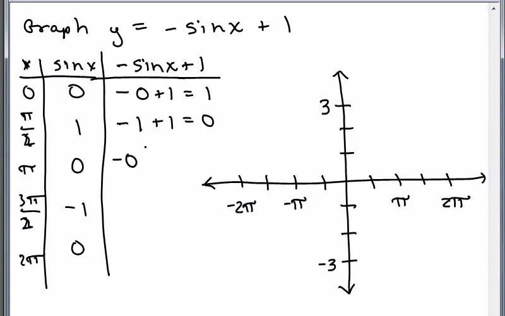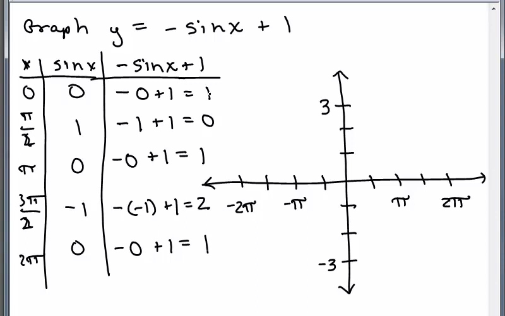We'd have -0 plus 1, which is 1. We've got negative 1, right? The opposite of -1 plus 1. What's that? That's 1 plus 1, or 2. And we've got the -0 plus 1, which is 1.